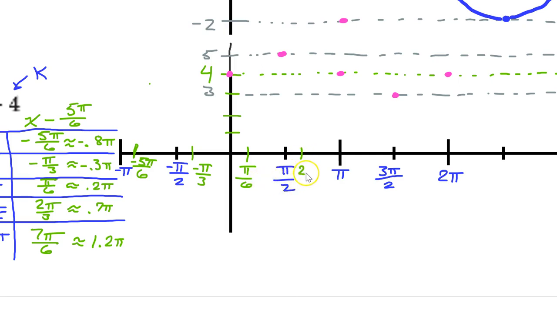So that's our 2 pi over 3. Okay, and 7 pi over 6, that's approximately 1.2 pi. So obviously this is 1 pi. This would be 1.5 pi over here. So 1.2 pi would be right about here. So there's my 7 pi over 6.